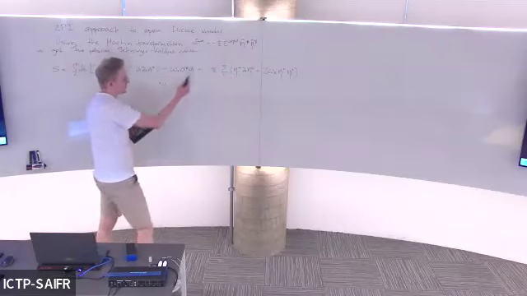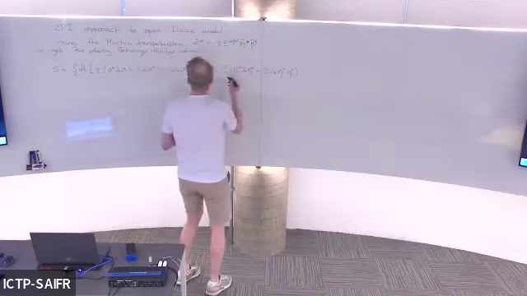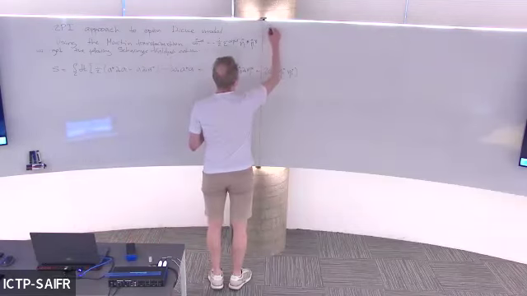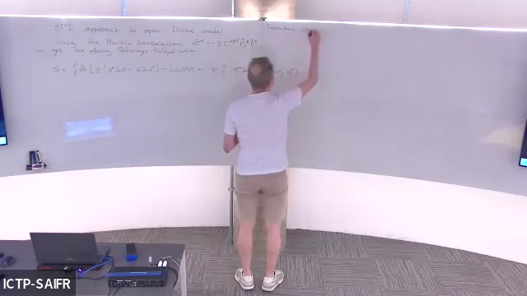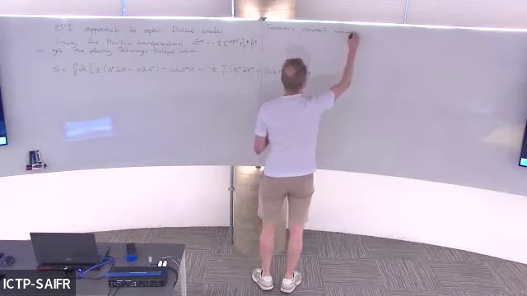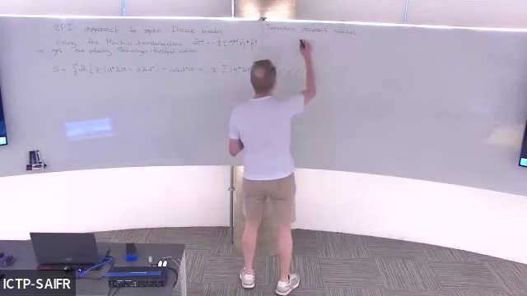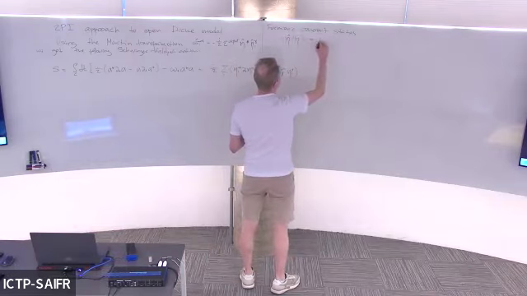Now we use so-called fermionic coherent states, but they are very similar to the bosonic ones.